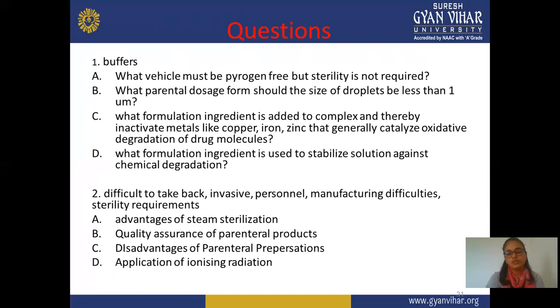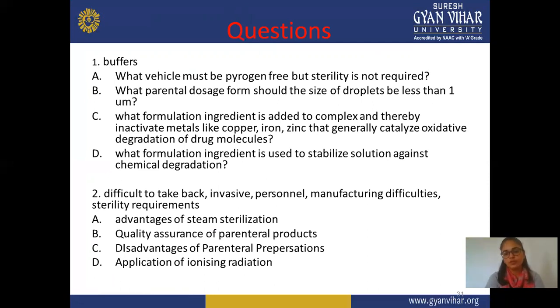Next is the question part, which depends on this lecture. The first: for a buffer, the vehicle must be pyrogen free, sterile is not required. Second: for a parenteral dosage form, the size of the droplet must be less than 1 micron. Third: what formulation ingredient is added to complex trace metals like copper, iron, and zinc, which generally catalyze oxidative degradation of a drug molecule?